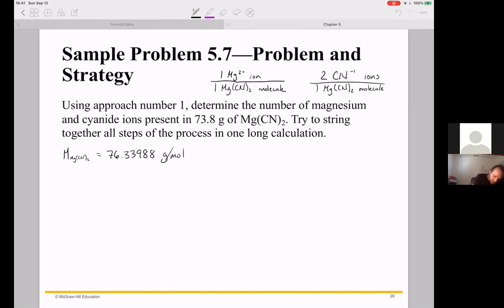All right, so then it wants us to go from 73.8 grams. And now I'm going to use the molar mass, but I'm going to put the grams on the bottom in order to convert to moles of magnesium cyanide. But it wants me to give an answer that's in number of ions, or number of particles, very, very tiny quantities. So I'm going to have to use Avogadro's number.